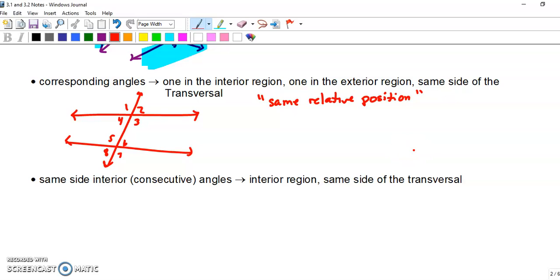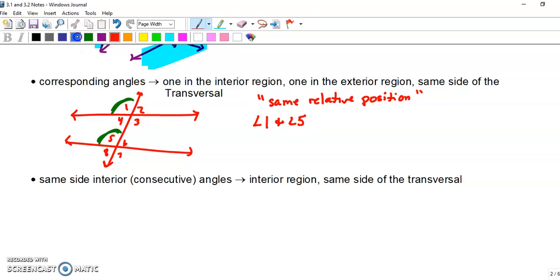If I want the corresponding angle with angle 1, it's going to be on the same side. So angle 5, they're both above their line, but on the same side of the transversal. So angle 1 and angle 5 in this picture.